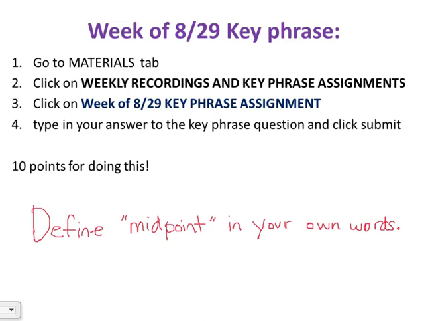First you're going to log on to Schoology, go into Geometry, click on the Materials tab, then go to the Weekly Recordings of Key Phrase Assignments folder, and then scroll down to the week of August 29th or week 3. Make sure the week of the recording is the same date as the key phrase assignment you're doing. Then answer this question, and you're done.